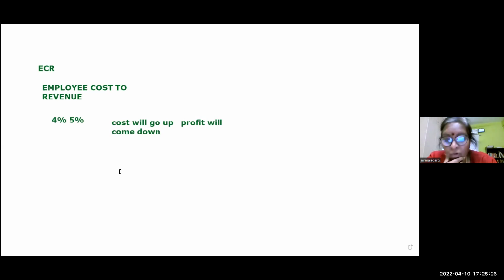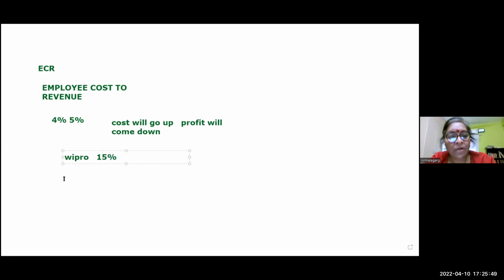So even if you are a startup organization, you can't say that you will have a huge employee cost. If I'm a startup, an IT company, then I will say, okay, what is Wipro's ECR? Say it is 15%.